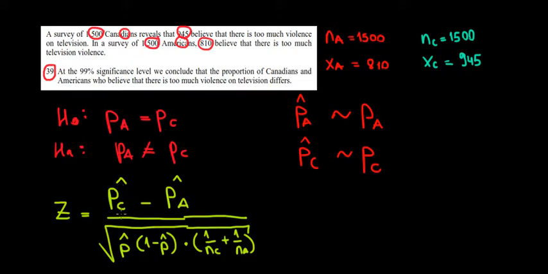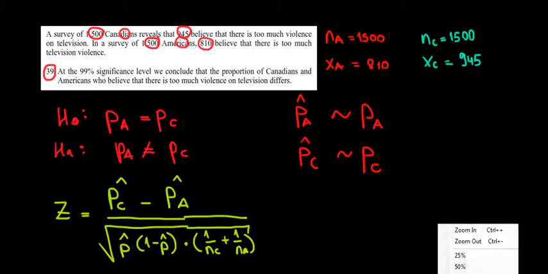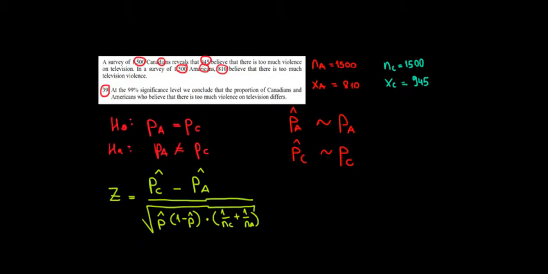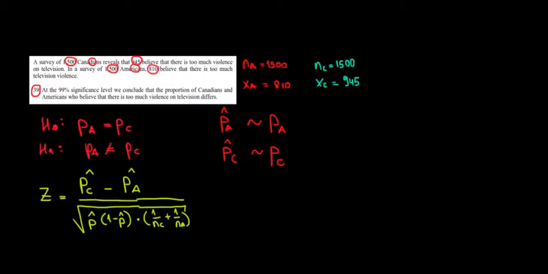So let's calculate all these values. We need the proportion for the Canadians, for the Americans, and the overall proportion of people who believe there's too much violence on TV. Let me zoom out to have more space, and let's solve them here below. We have the proportion of Canadians in our sample.